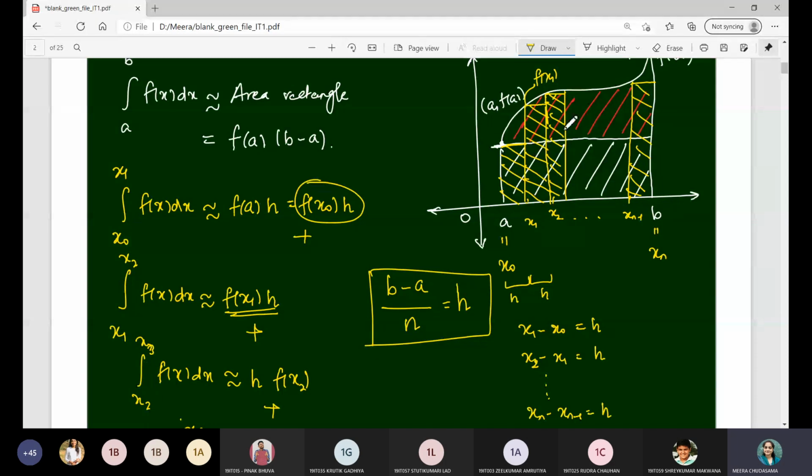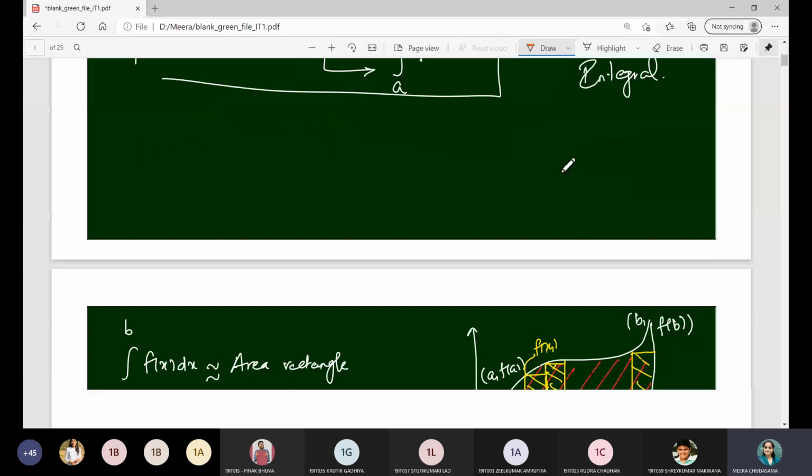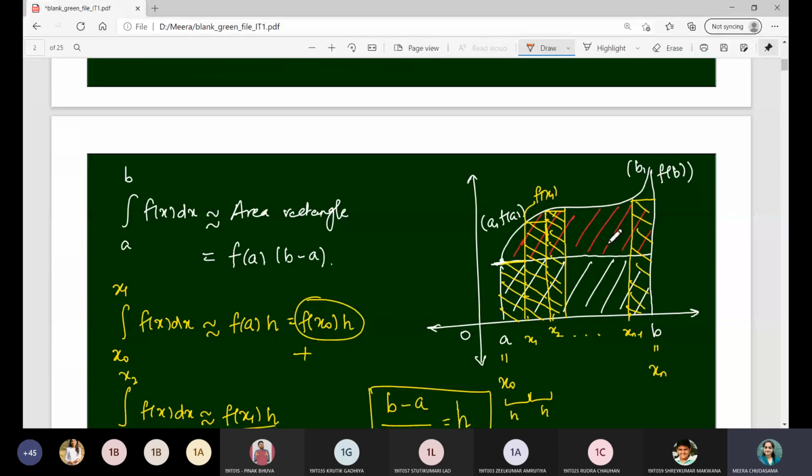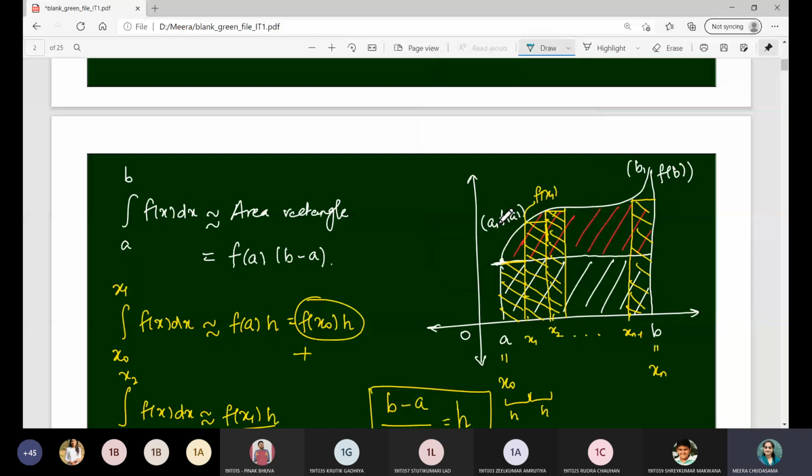See, for the first case, when we considered the rectangle rule, the red shaded portion was the area, whereas by considering the composition, you can see now the error part: this is the error part for the first case, second case, third case, and for the last case. It means as we increase the number of partitions, we get more and more accurate approximation.